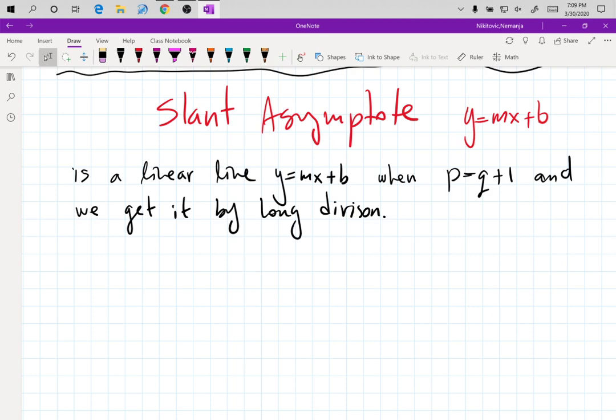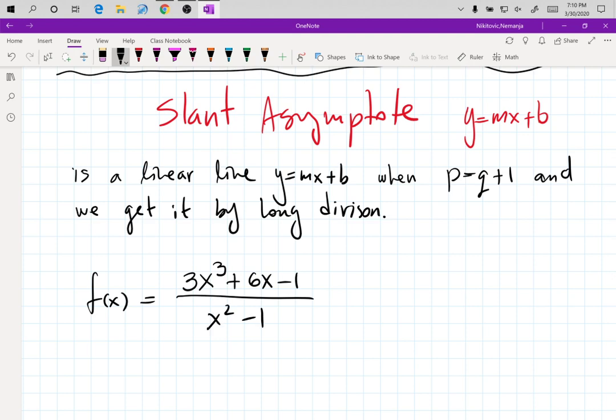So what is the case for the slant asymptote? Slant asymptote only occurs when the degree in the numerator is 1 higher than the degree in the denominator. So this is the situation when you have slant asymptote. P is 3, Q is 2.